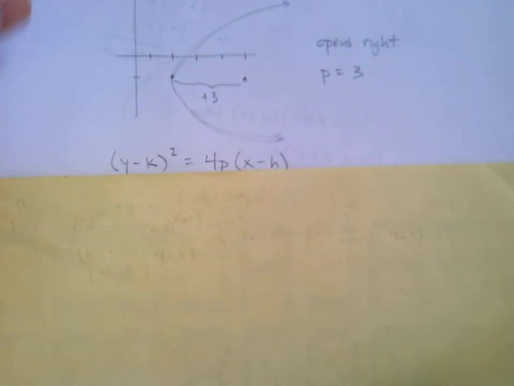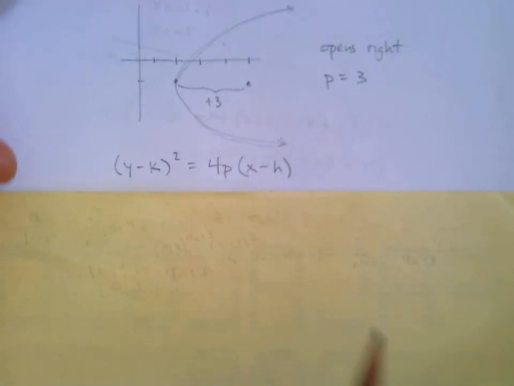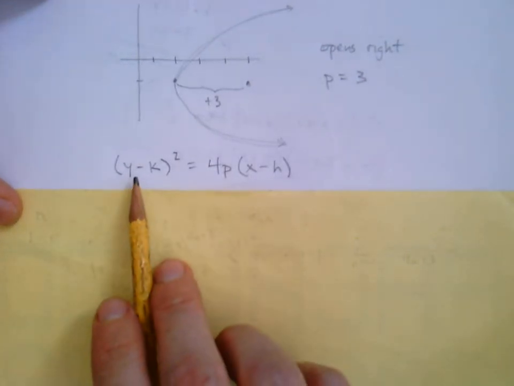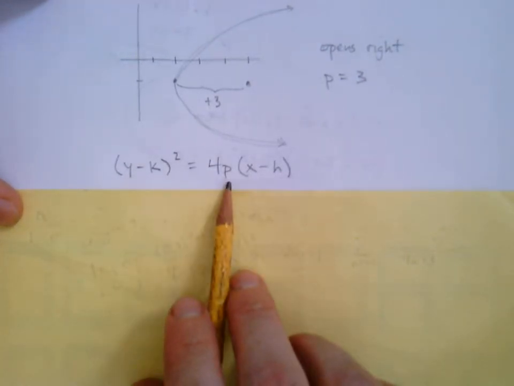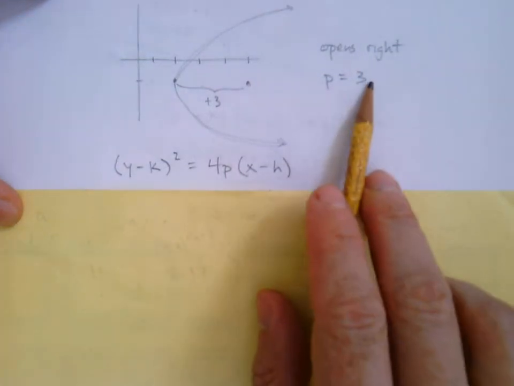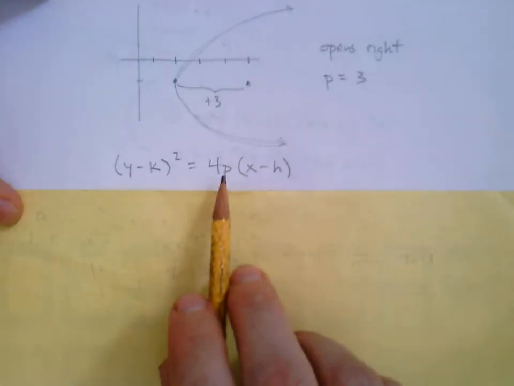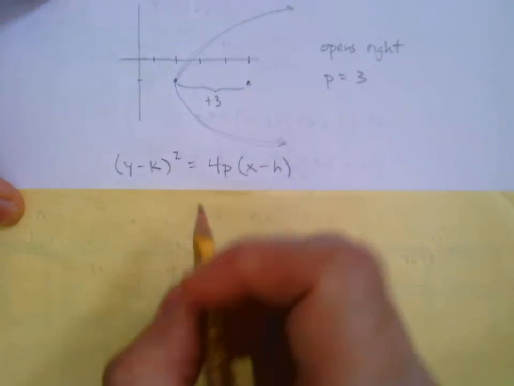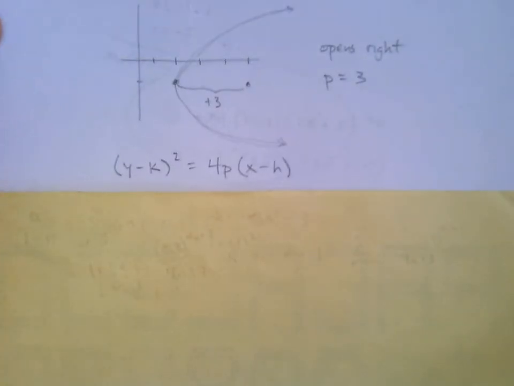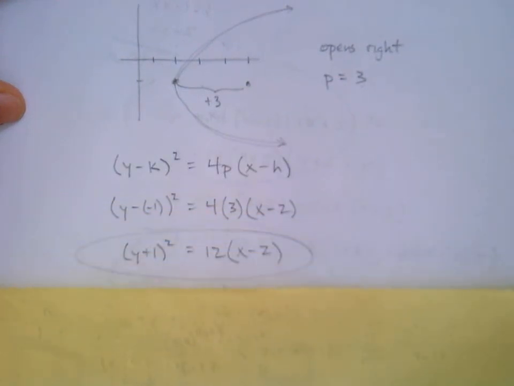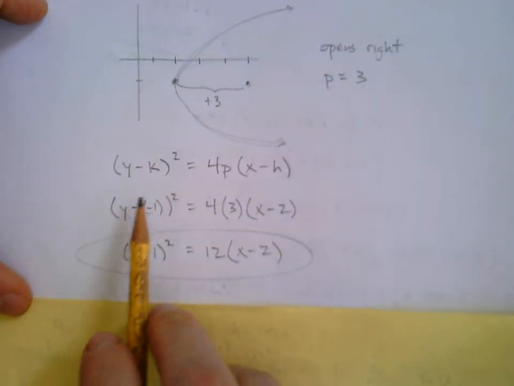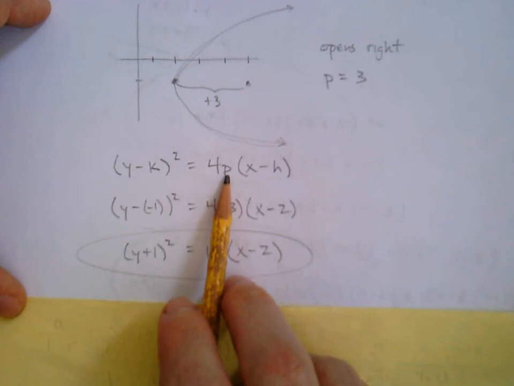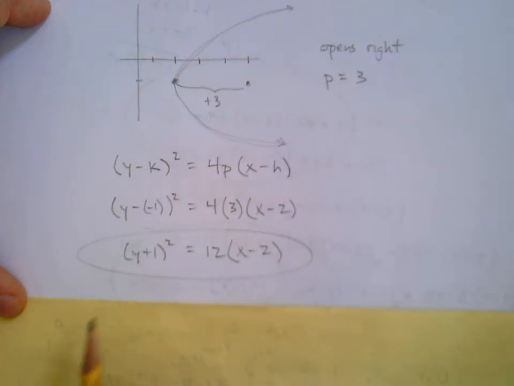Okay. So we know we're opening to the right, so we're going to use this style, y minus k quantity squared equals 4p times x minus h. Hey, I already know p is 3. I even know h and k, because that's my vertex, the (2, -1). So k is -1, p is 3, h is 2.